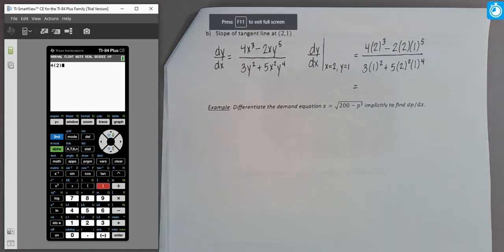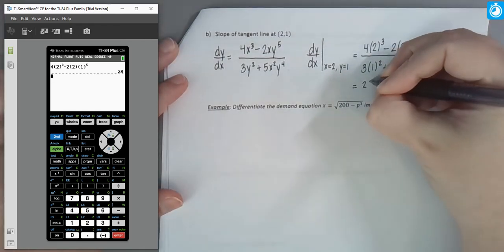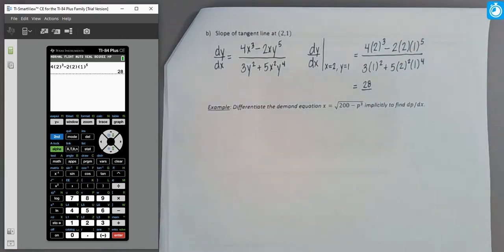So we have 4 times 2 raised to the 3rd power minus 2 times 2 times 1 raised to the 5th power. And that's going to represent our numerator. So that gives us a value of 28. Now what about our denominator? So we have 3 times 1 squared plus 5 times 2 squared times 1 raised to the 4th power.